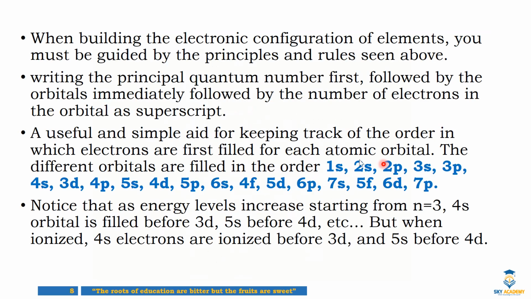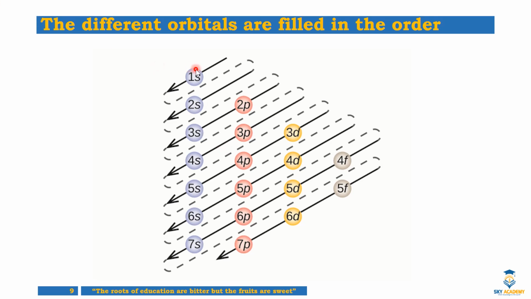So I have told you that I will show you where the order came from. This order came from here. When you are writing your orbitals, you write 1s, 2s, 3s, 4s, 5s, 6s, 7s.